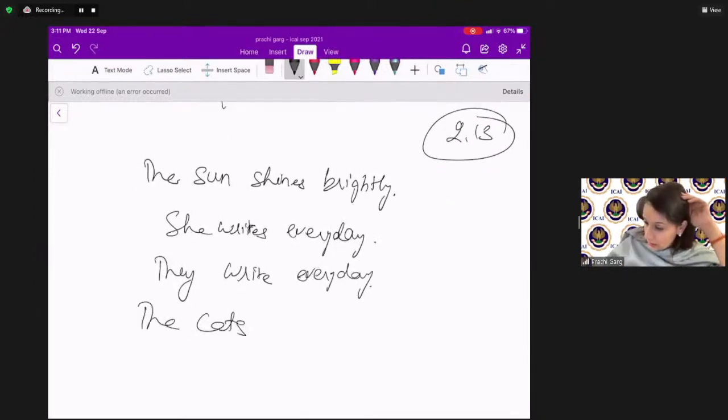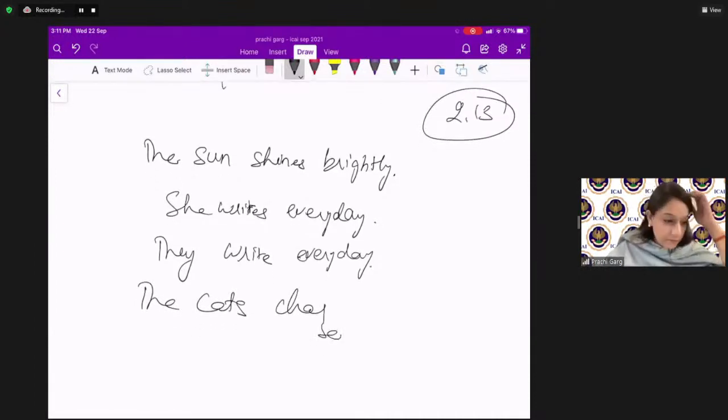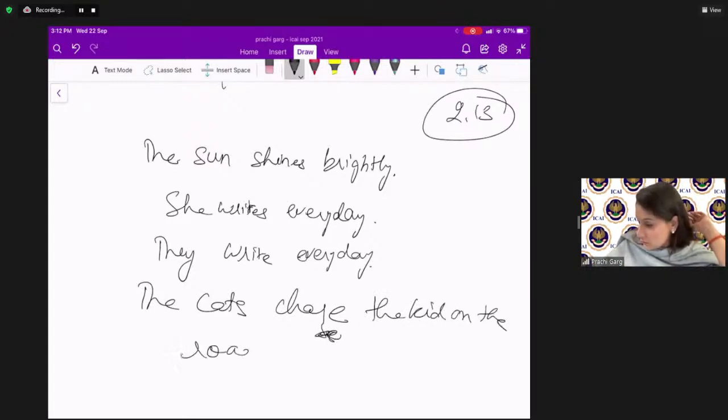The cats chase the kid. Please understand this rule, you should never get it wrong. The sun shines brightly. She writes every day. They write every day. The cats chase the kid.